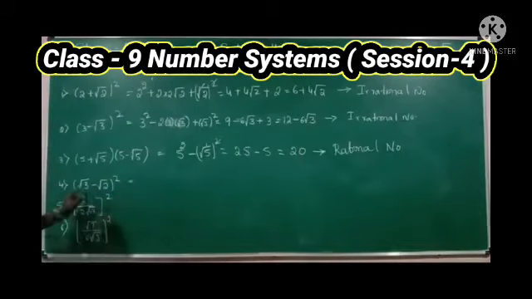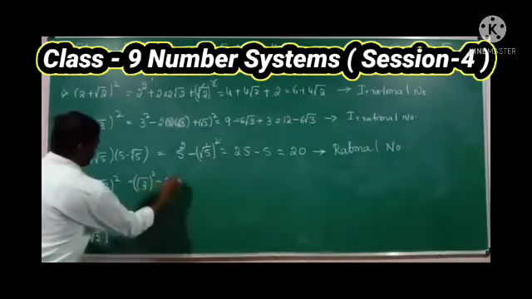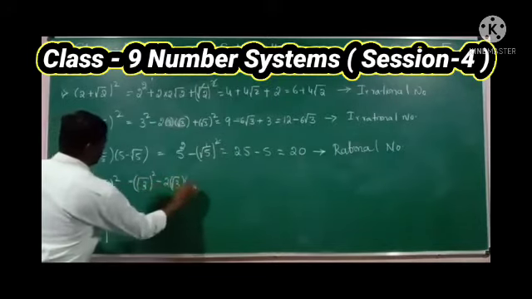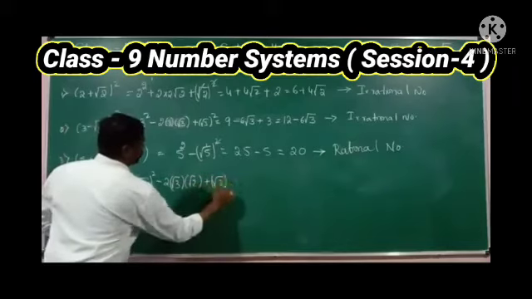See the next question. Root 3 minus root 2. Again it is in the form of a minus b whole square. So root 3 whole square minus 2 into root 3 into root 2 plus root 2 whole square.